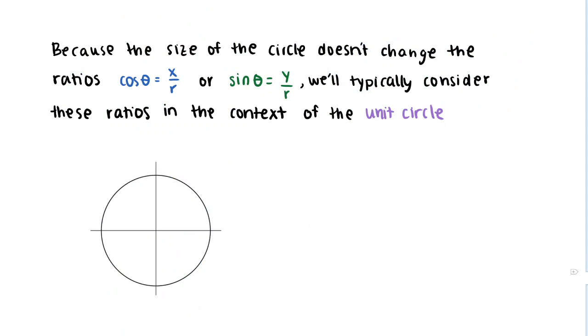And so one thing I like to point out is, in our previous example, the size of the circle didn't influence the result of these ratios. And so oftentimes we're going to really consider things in terms of the unit circle. x squared plus y squared is equal to 1. Right? So a circle of radius 1, centered at the origin.